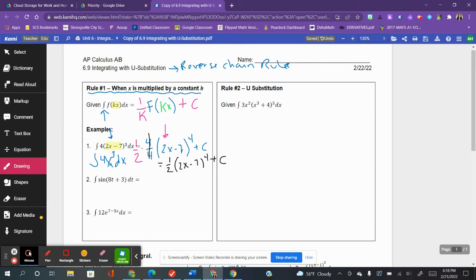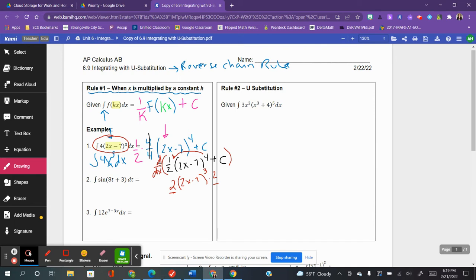Now if I wanted to check this, I could take the derivative. And when I take the derivative of my answer, I should get what I was given, right? We said a derivative undoes the antiderivative. And so if I were to take the derivative with respect to x, that means I would say 4 times half is 2, x cubed, whatever was inside stays inside, times the derivative of the inside, and 2 times 2 is 4.